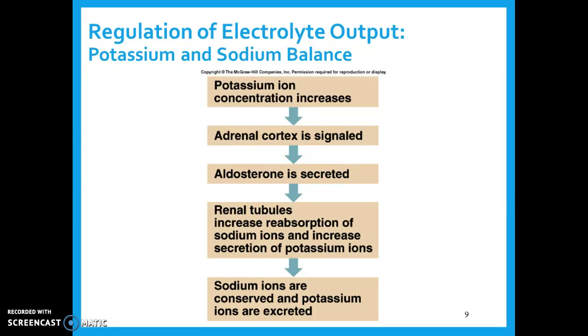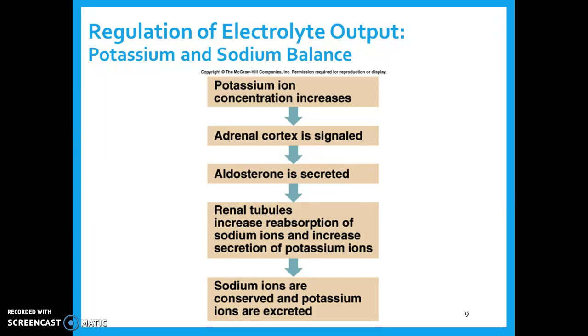That's going to make the renal tubules increase reabsorption of sodium ions. And whenever we take in sodium, we have to dump out potassium to keep that balance. We talked about that towards the end of the urinary system. So when sodium is reabsorbed, and that happened in tubular reabsorption, potassium has to be secreted to maintain the electrolyte balance.